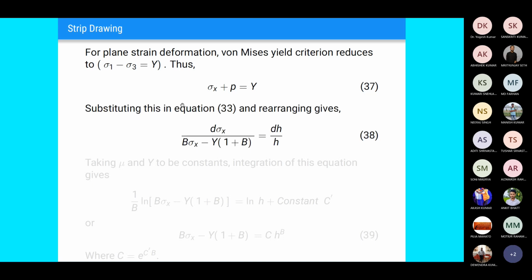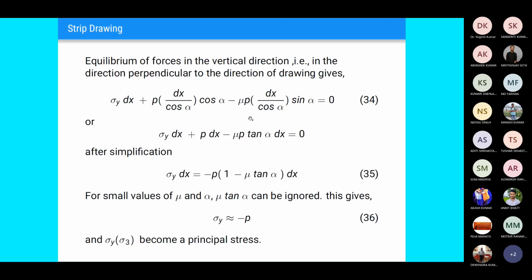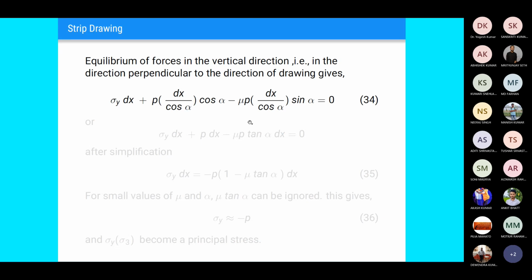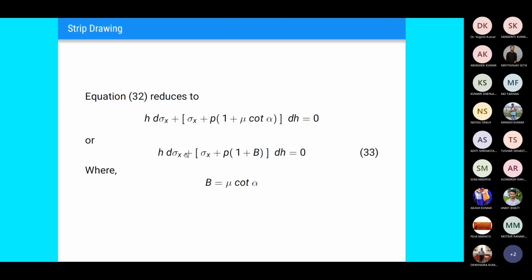Yes. So what you have to do is put this value of p in your equation number 33. What is equation number 33? Let us see. Yes, your equation number 33 is something like this: h d sigma x plus p (1 plus B) dh equal to 0.